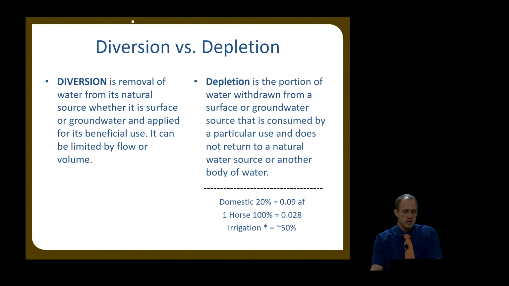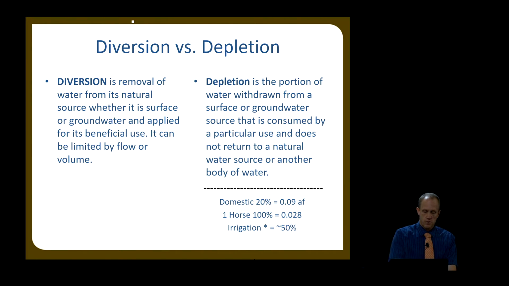And for irrigation, it's somewhere around 50% depletion, and those numbers are based on flood irrigation. And those vary throughout the state, and we have sources on our website where you can find exactly what the depletion is for whatever region you're working in.